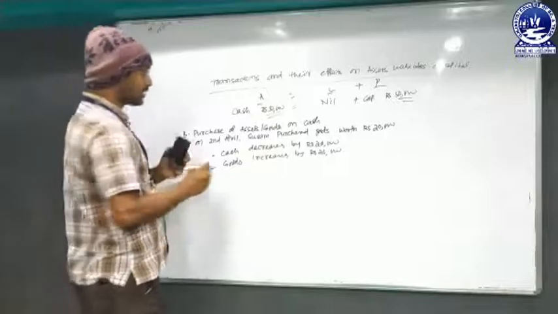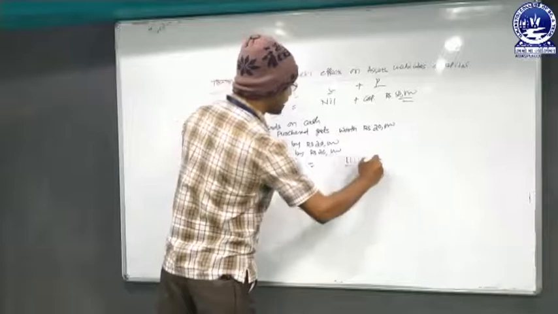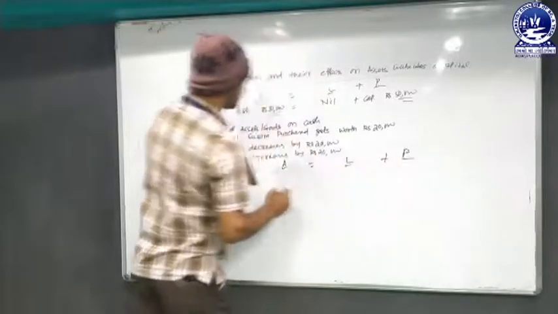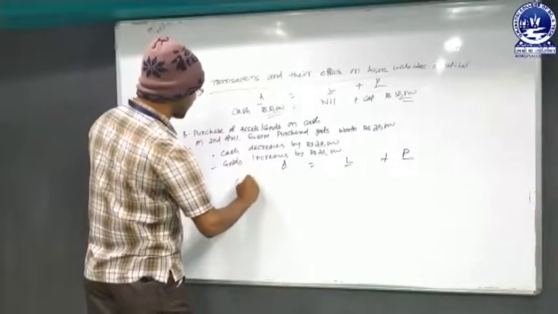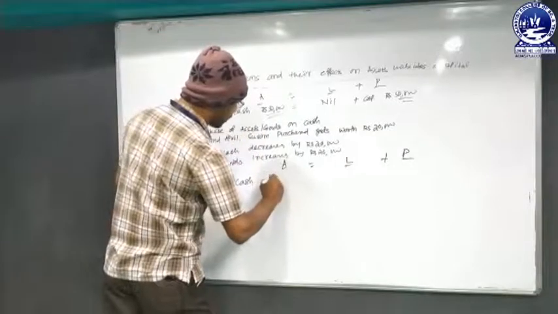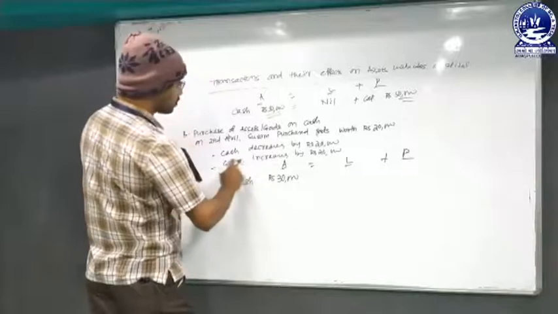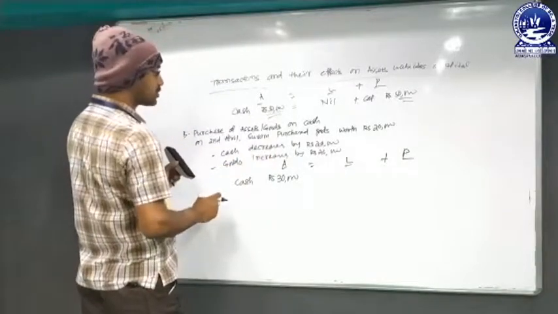If we present it in the accounting equation, then we can represent it as asset is equal to liabilities plus capital. So how will we represent it? The amount of cash was rupees 50,000, so cash decreases by 20,000. That means the amount of cash now will be 30,000. And there is another asset, that is goods, and the goods amount increases by rupees 20,000.